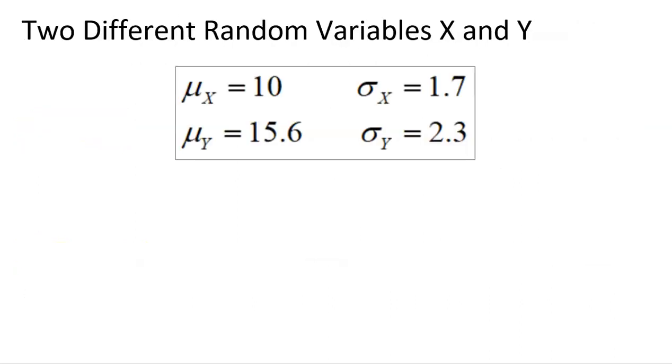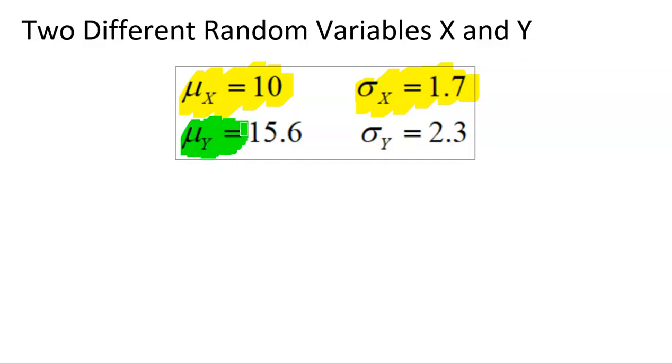Now, for most of the examples that we're going to look at in this video, we're going to use these two generic examples. So the mean of random variable x is 10. That means in the long run, we would expect random variable x to have a value of 10, but it could be a little bit more, could be a little bit less, because random variables vary. And the standard deviation for x is 1.7. Really notice that subscript x there to differentiate between the two.